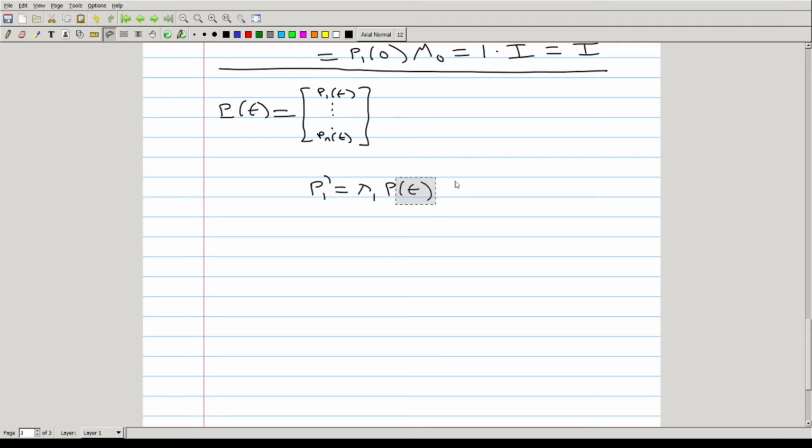P1 prime equals lambda 1 times P1, and for all other i values, you have the differential equation Pi prime is equal to P i minus 1 of t plus lambda i times Pi.